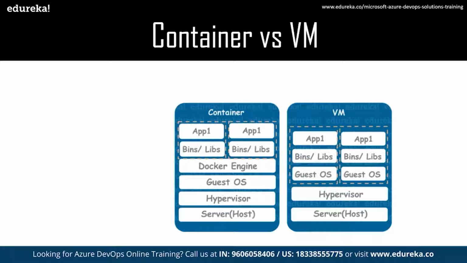To give you an example, if you talk about a cloud platform like Microsoft Azure, where you have Azure virtual machines, which lets you spawn instances or virtual machines. These virtual machines or instances can have different guest OSs. Say, for example, you launch a virtual machine that has a guest OS of Linux, and there's another virtual machine that has a guest OS of Windows, right?